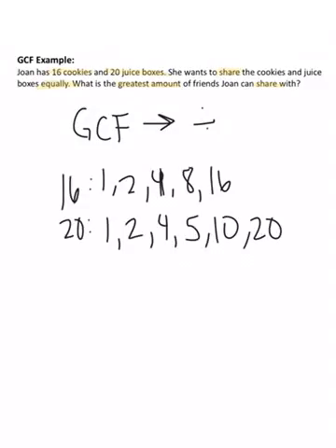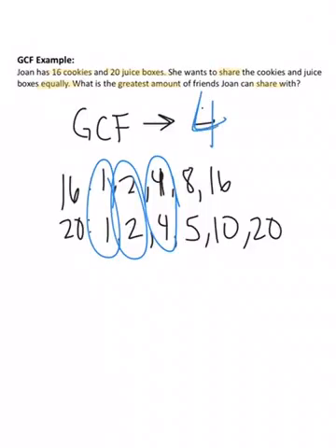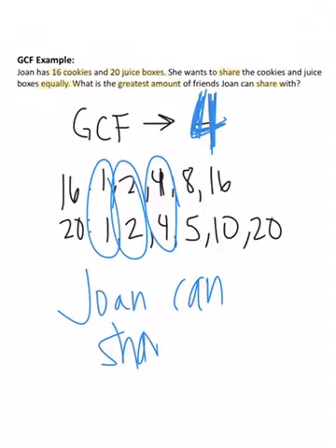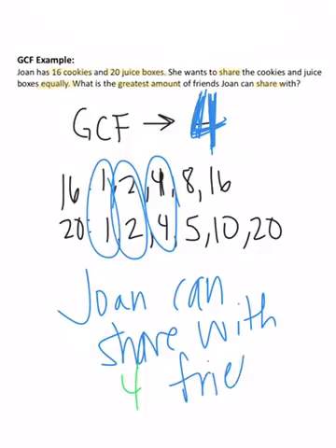So go ahead and check your answers with mine. We're going to circle the common factors. So I see 1, 2, and 4. So the greatest common factor would be 4. So that would tell me that Joan can share with 4 friends.